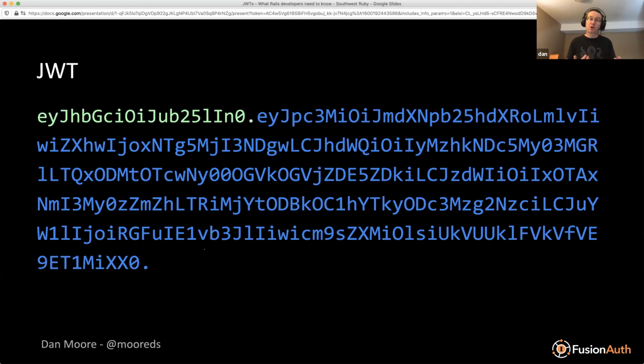So if your consumer is not validating signatures, if it's accepting a signature of none, then anybody who gets into your system and can craft a JWT can send any payload to your systems, in terms of authorization or any of the ways you use JWTs, without much effort.